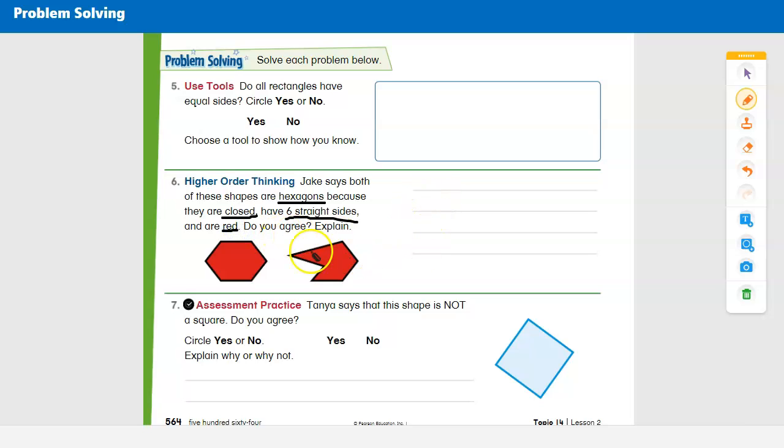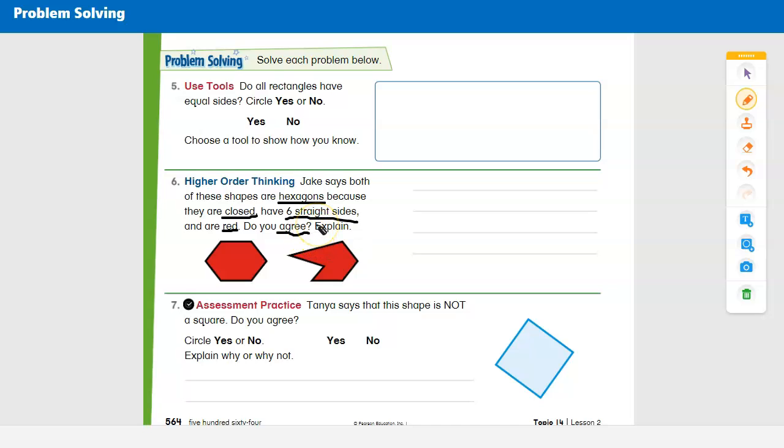So this area over here wants to say if we agree or not. So do we agree, yes or no?